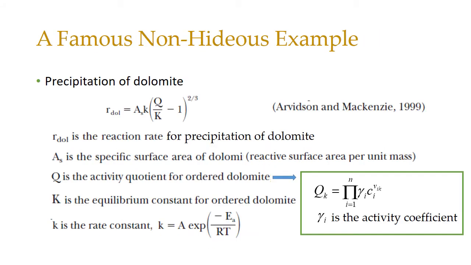So this is a very famous example of a kinetic equation. I think I've told you already in this class that there's a famous paper called, well, I don't know how famous it is, but there is a paper whose title I enjoy very much. It's Absolute Failure to Precipitate Dolomite in the Lab at Room Temperature Over 30 Years, right? Dolomite.